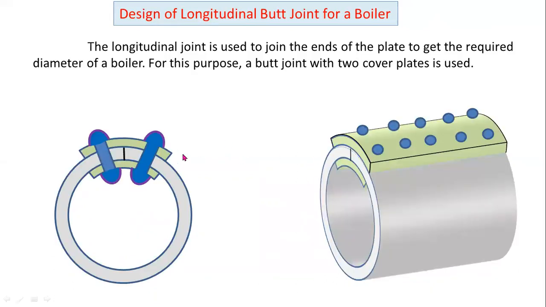This is the example for longitudinal butt joint. The longitudinal joint is used to join the ends of the plate to get the required diameter of the boiler. For this purpose, a butt joint with two cover plates is used. These two are the cover plates. These are the rivets.